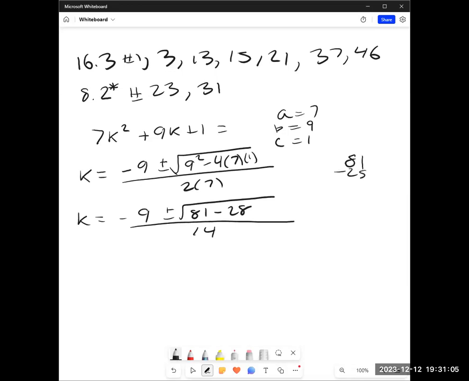81 minus 28 is 53, which is not a perfect square, nor does it contain a perfect square as a factor. It's a prime number, I believe.